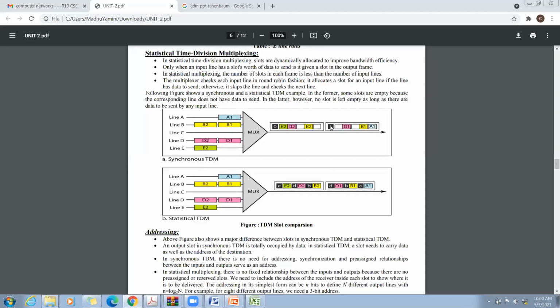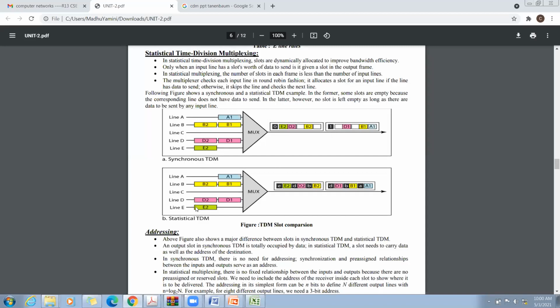You remember, I will tell you what 1 is. Here the bit 1, observe it, note it down, I will tell you. Next, in the second time interval, there are 2 time intervals. A and C are not transmitting, B, D and E are transmitting the data. Here 0 is the synchronization bit. Here 1 is the synchronization bit. Just remember, I will tell you.